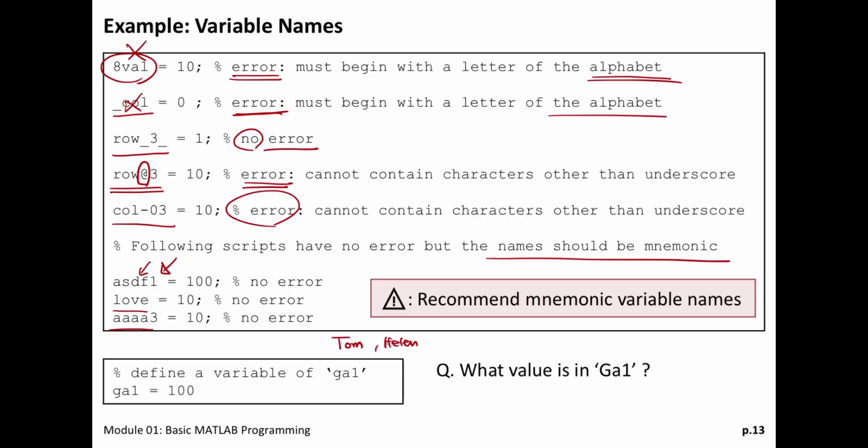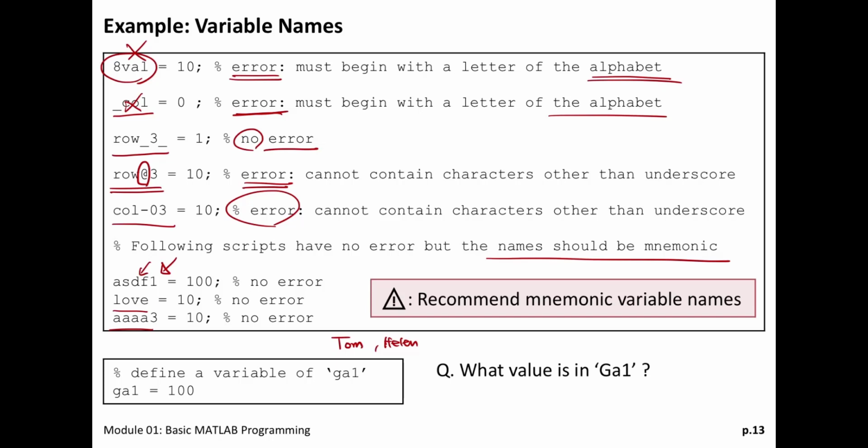Here the semicolon is used to not print the value of the variable in the command window. The assignment statement without the semicolon at the end of the line always prints the value of the variable in the command window.